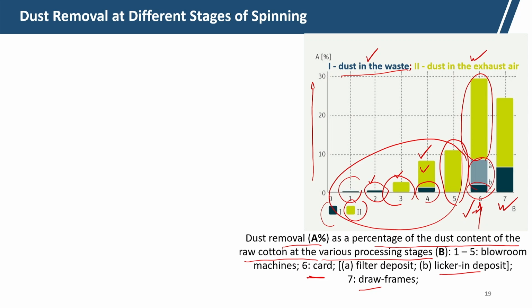So, A is a filter deposit and B is the liquorine deposit, and similarly in the draw frame also, we get draw frame waste, a little bit in the waste and the majority in the exhaust air.